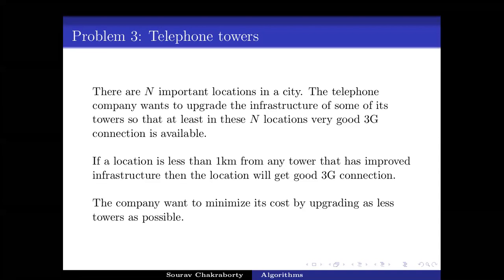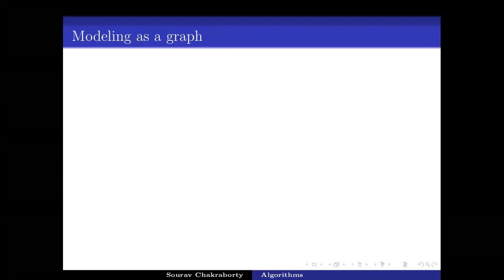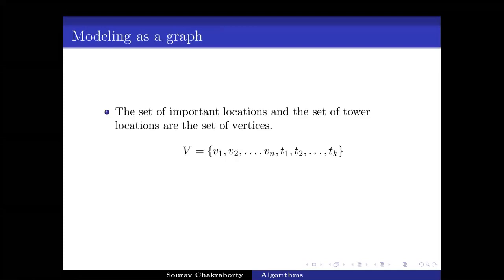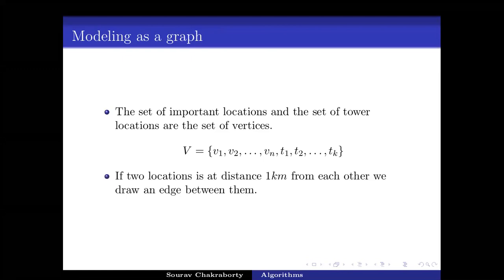Here we model both the towers, the set T of new towers, as well as the important locations as vertices. The important locations will be V1 to Vn, and the towers will be T1 to Tk. If two locations are within 1 kilometer, we draw an edge between them.